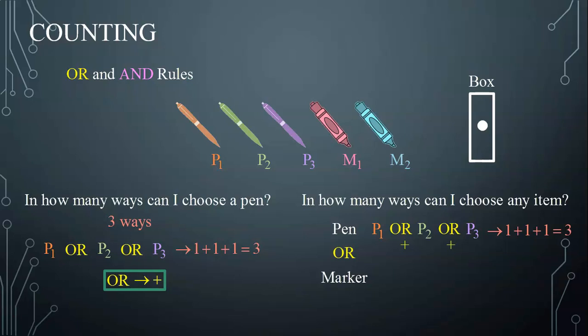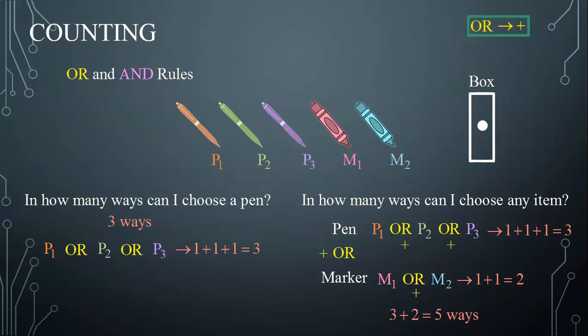Similarly, choosing a marker means choosing M1 or M2. Again, as OR means addition, then I can choose a marker in 2 possible ways. Now, as I'm choosing a pen or a marker, with OR implying addition, then I can choose any of the given items in 3 plus 2 ways, which is 5 ways.